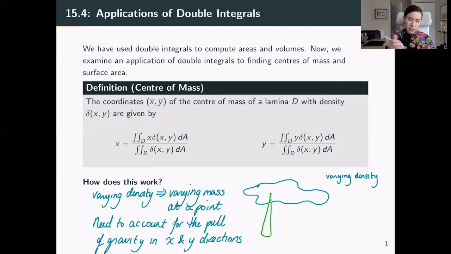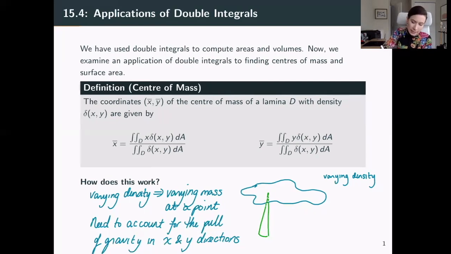So our definition here is that if we are considering a lamina D with a density function delta of x comma y, and we want to find the center of mass x bar, y bar, we're going to find that by evaluating these expressions. We have a double integral over D of x times our delta function divided by the double integral of the density.